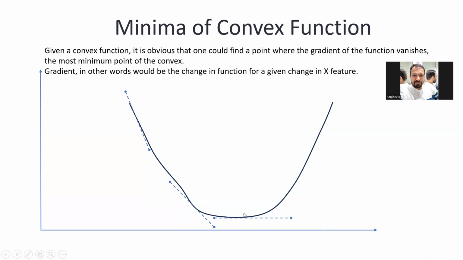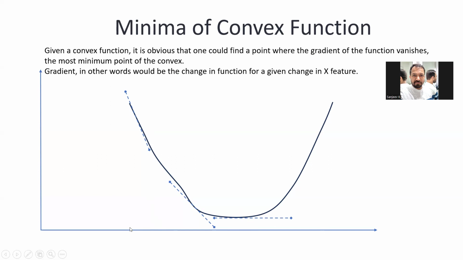This point where the loss is negligible is called the gradient point. And the gradient at this particular point becomes zero, at least from the mathematical point of view. So if we have to reach this particular point where the gradient is zero, we have to find the slope for each change of x.